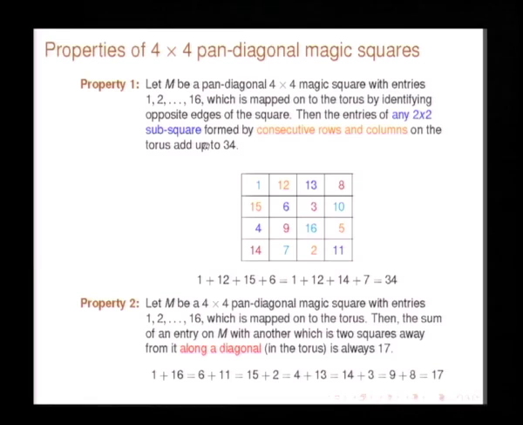Any 2 by 2 sub square, the sum will be 34. This is the first property that needs to be satisfied. How many such things can one have? In the morning I was mentioning that it is 15, but apparently it should be 16.